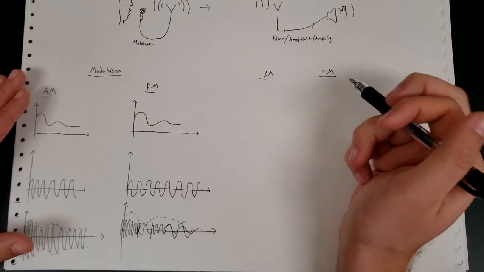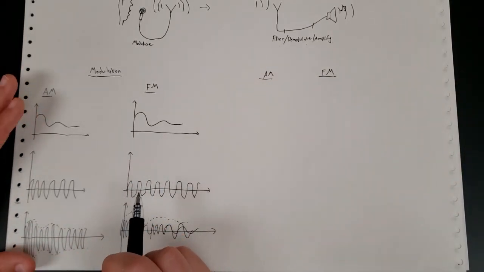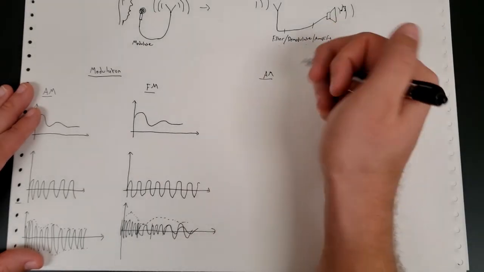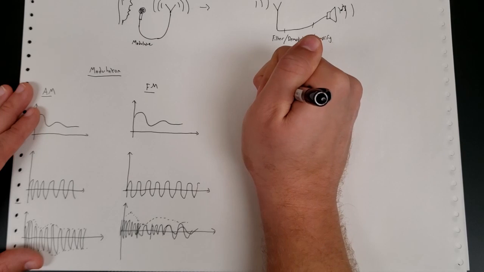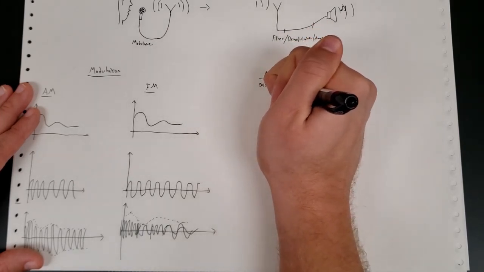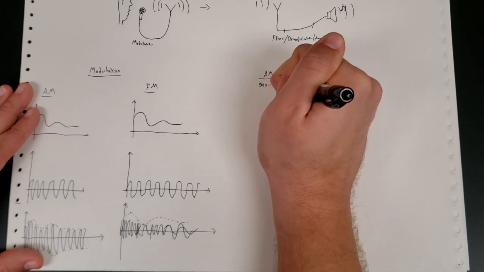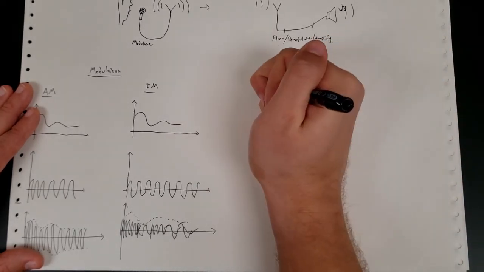First, let's talk about what frequency we typically transmit at for these two different types. AM has a pretty small transmitting range. It's typically from 540 to 1600 kilohertz that we broadcast or transmit.